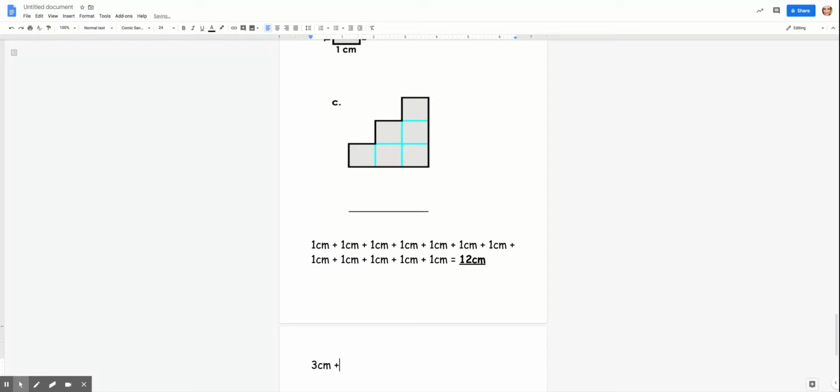And if I look at the bottom, I can see that it is 3 centimeters. I can look at this side. There is 1. And this is 1. Plus another 1.